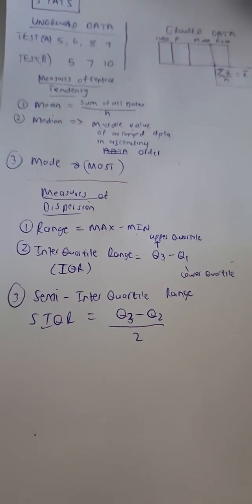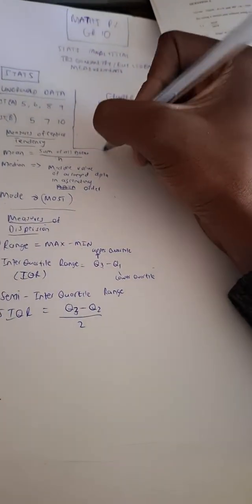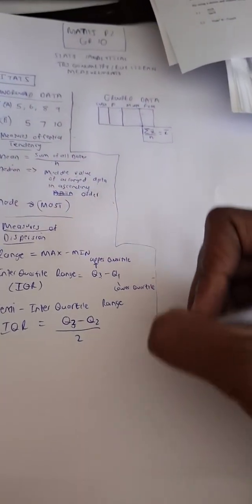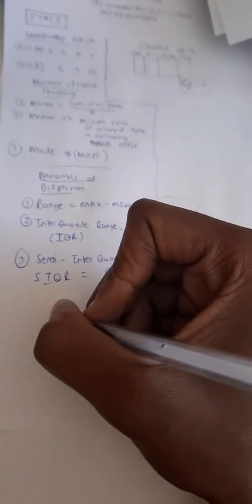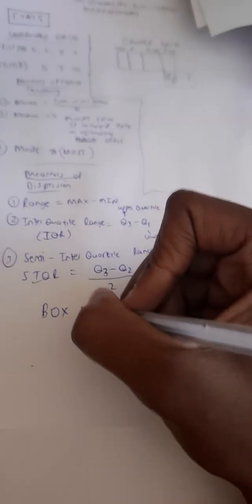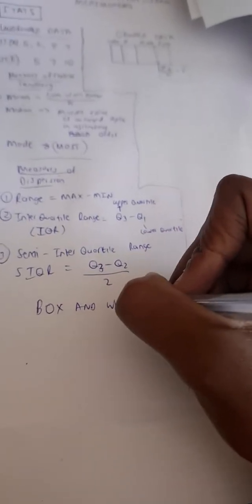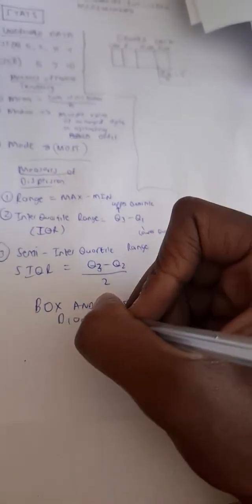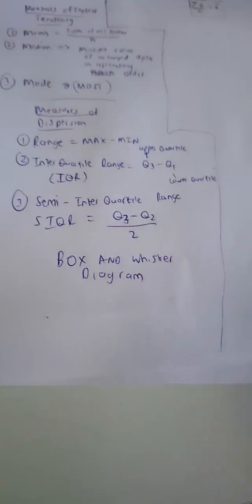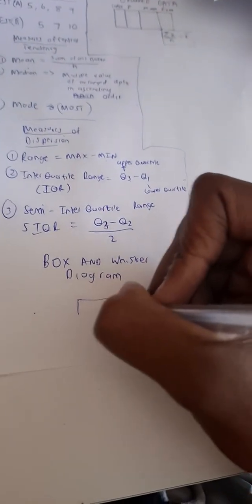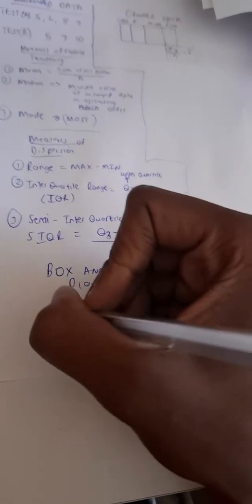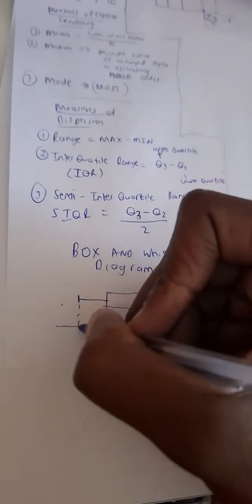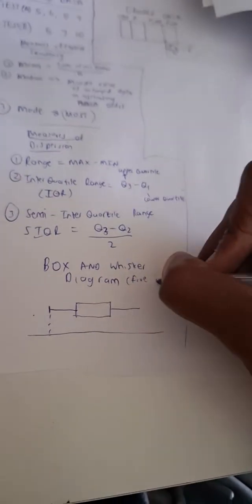From that, there's a wide range and variety of calculations that we can do, but we have something here that we call the box and whisker diagram. In that box and whisker diagram, you would have what we call a 5-number summary.